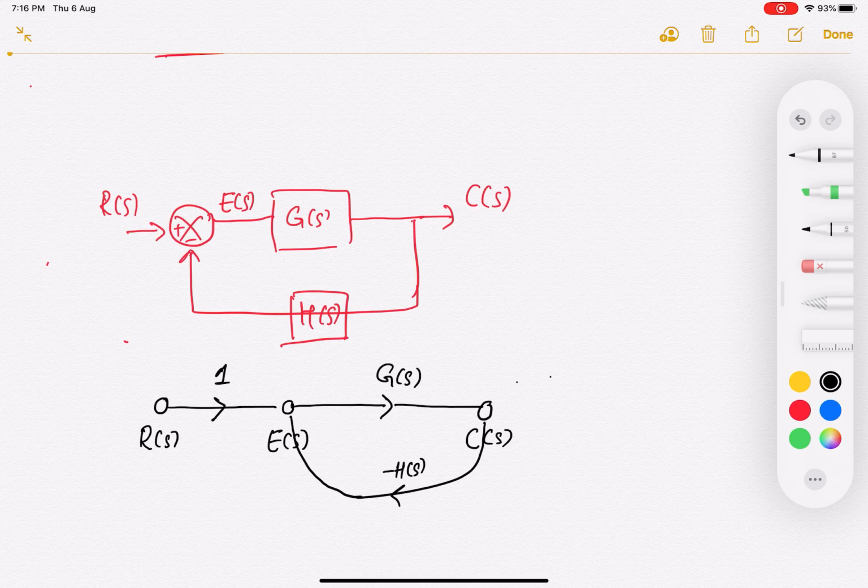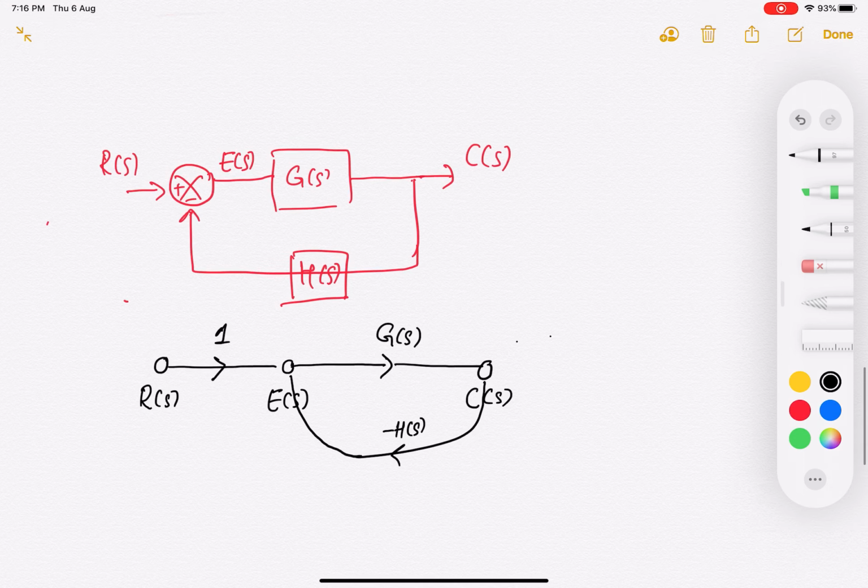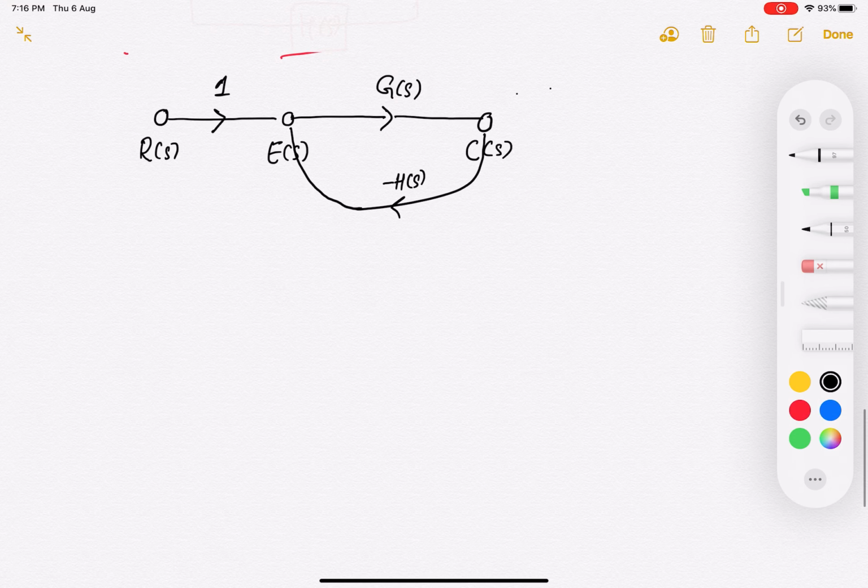The principles that we are actually following while we draw the signal flow graph would be clear when we define what the parts of the signal flow graph are. The first part of the signal flow graph is the node, which represents the signal.